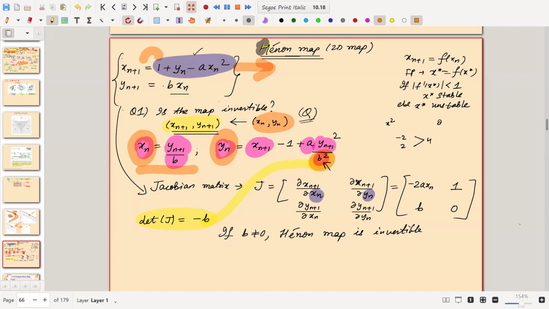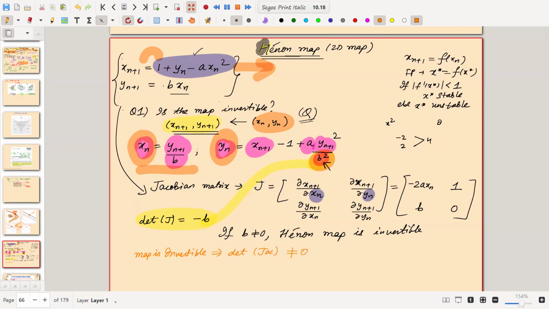And you exactly saw why that is the case. There is a condition that if your map is invertible, the determinant of J won't be 0. This is a theorem from analysis: if a map is invertible, it implies the determinant of the Jacobian is not 0.